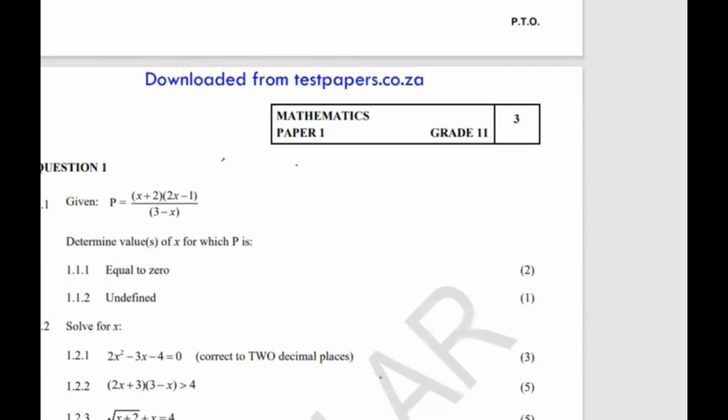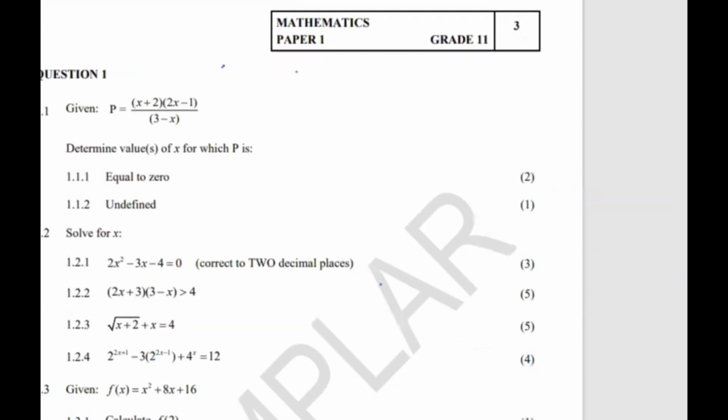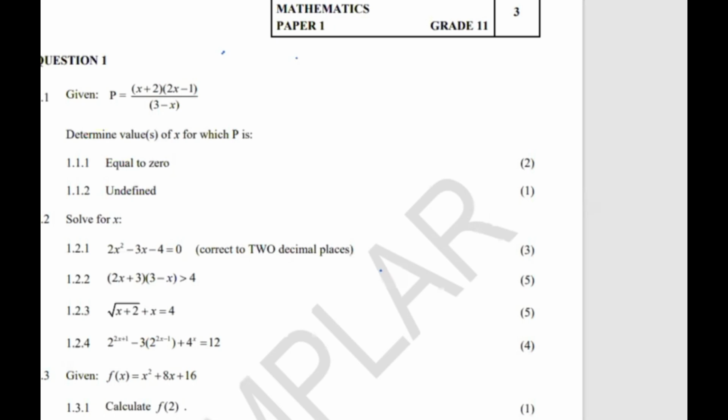So question 1. Question 1 is typically algebra. P is given as this. We have the product of the numerator and the denominator, then determine the values of x for which P is equal to 0. So remember, P is that entire thing.